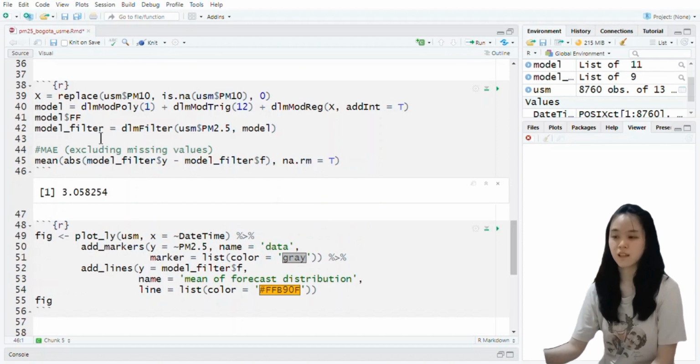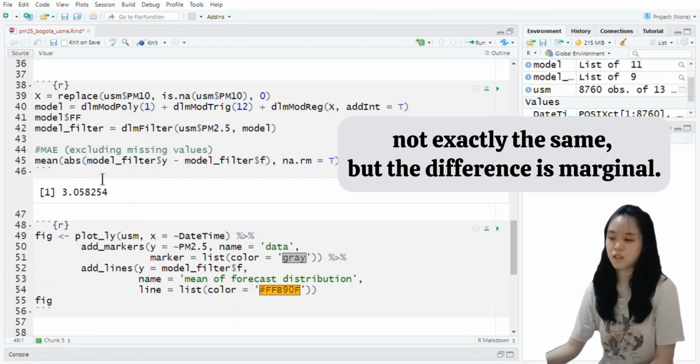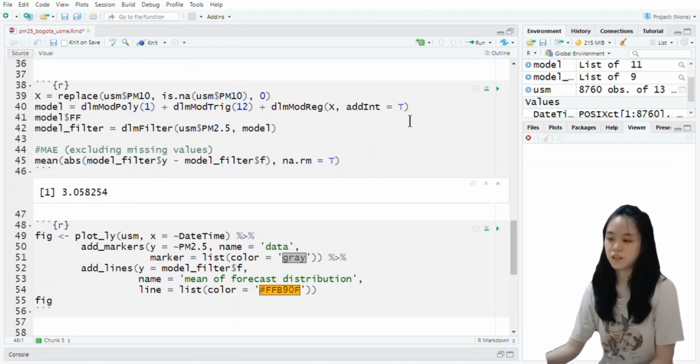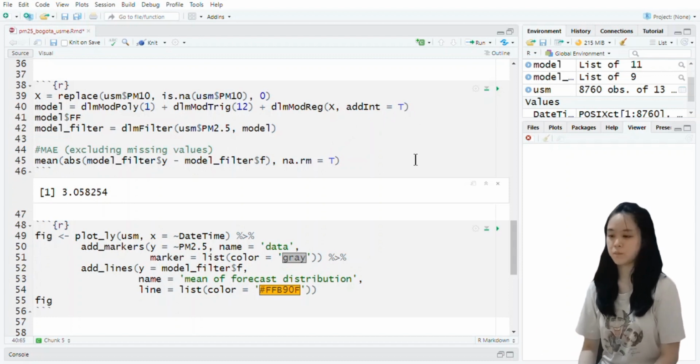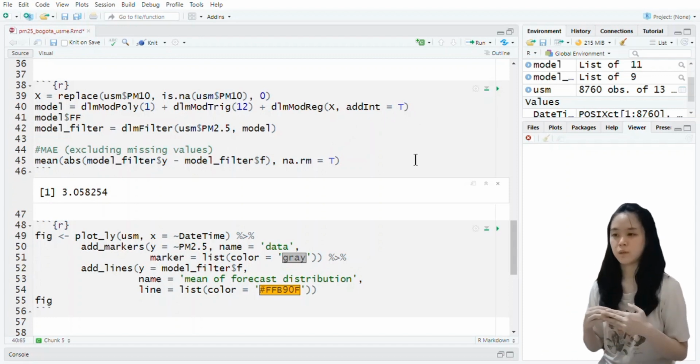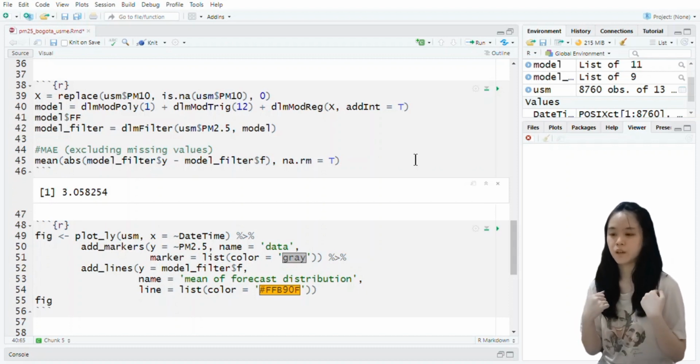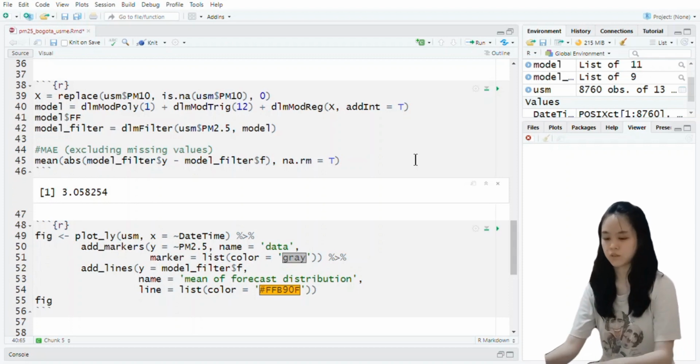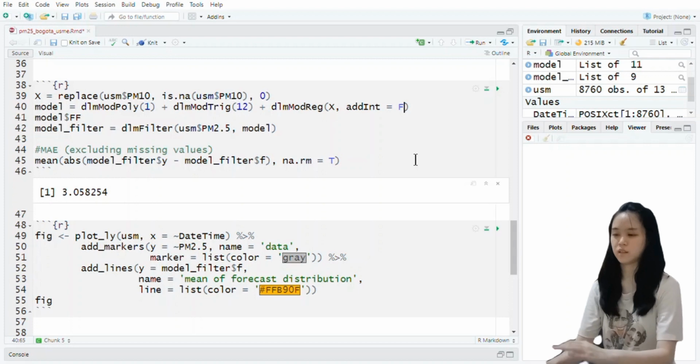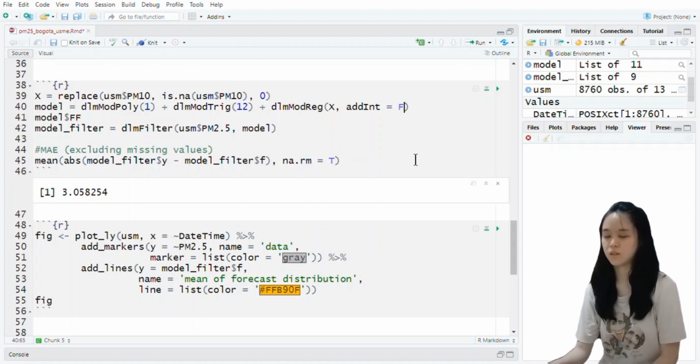It's exactly the same. It doesn't change. And yeah, by using the principle of parsimony, we want to be able to explain our time series as well as possible by using as few variables as possible. So, okay, I'll just stick with the non-intercept model.